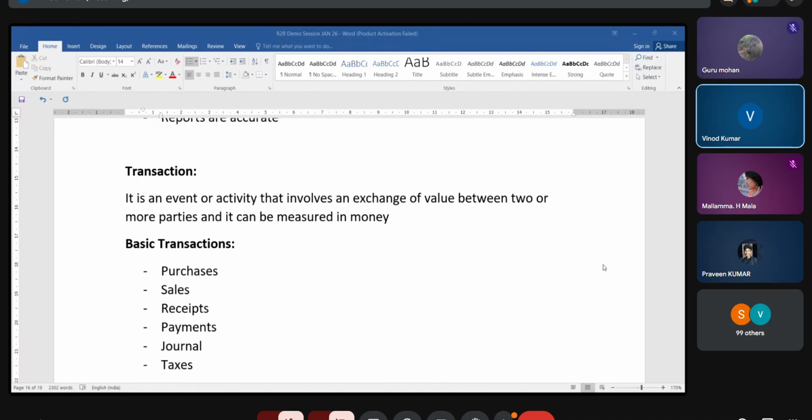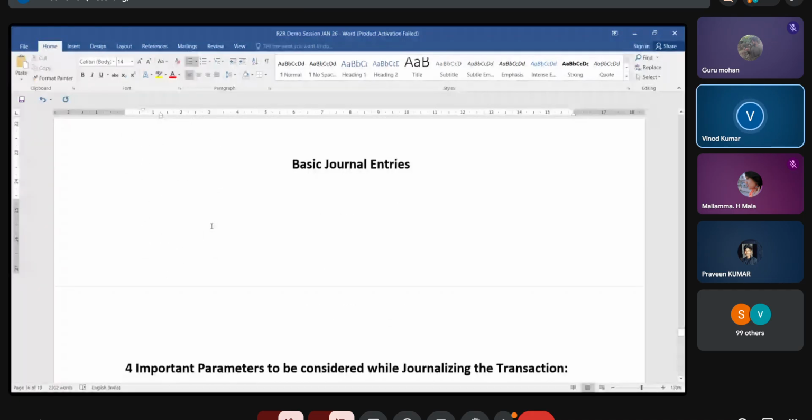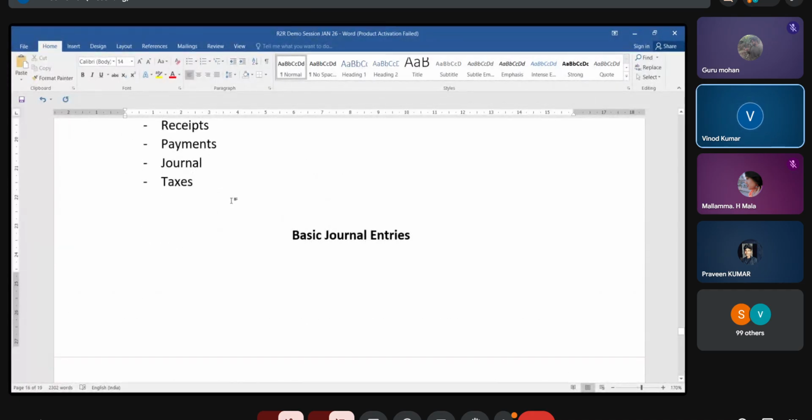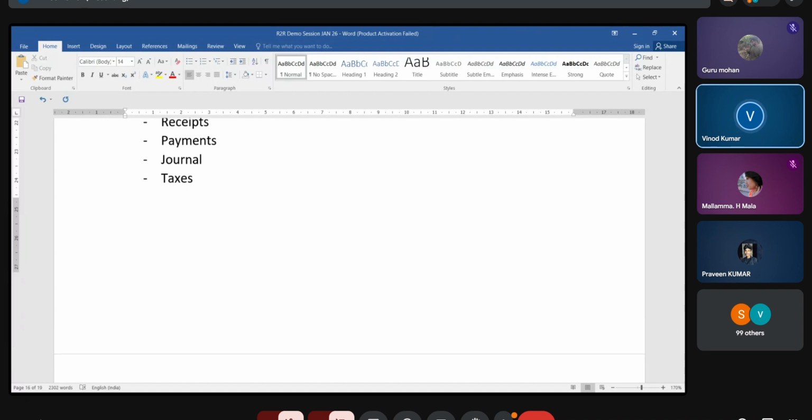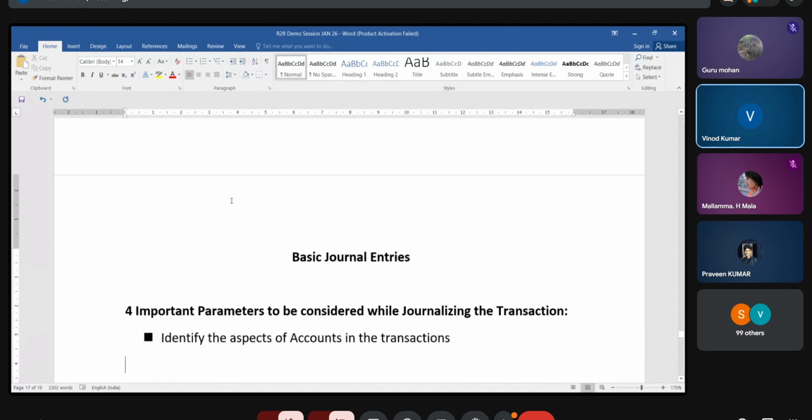Okay, fine. To journalize any transaction, guys, either purchases, sales, receipts or payments, we need to keep four important parameters in mind.